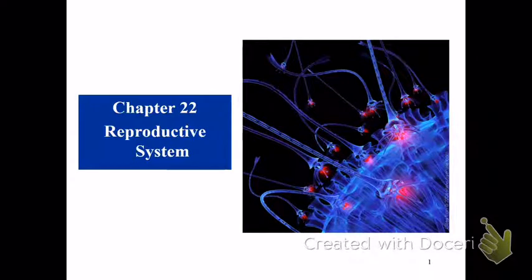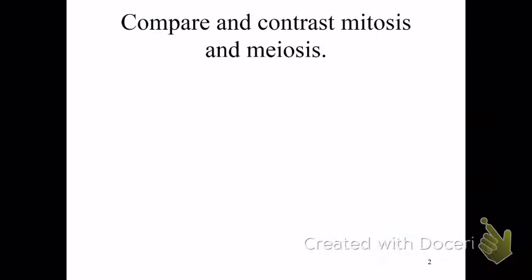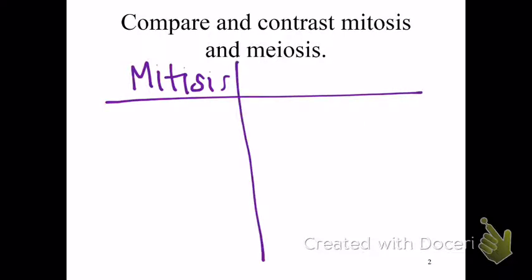And so let's go ahead and start, but the first practice question you want to consider is describing mitosis and meiosis. It can be pronounced either way. Okay, so mitosis versus meiosis.